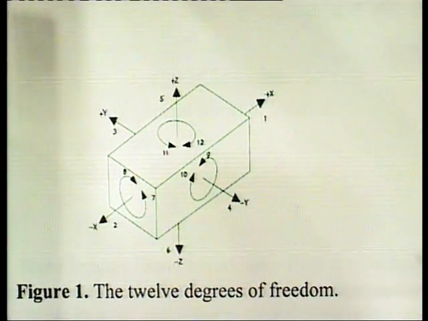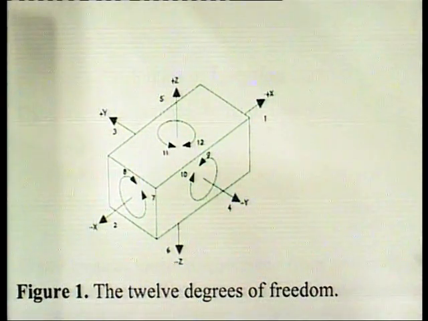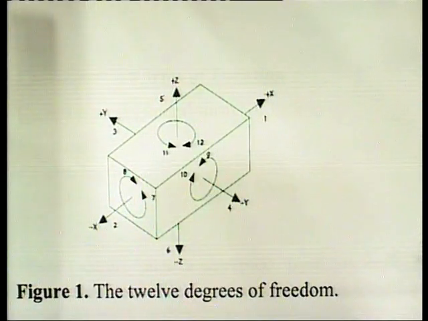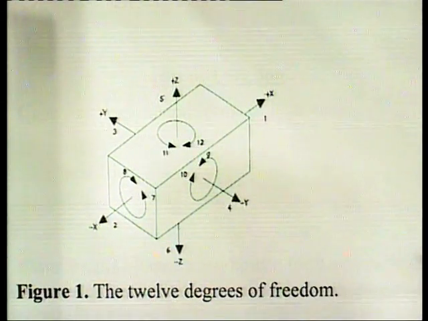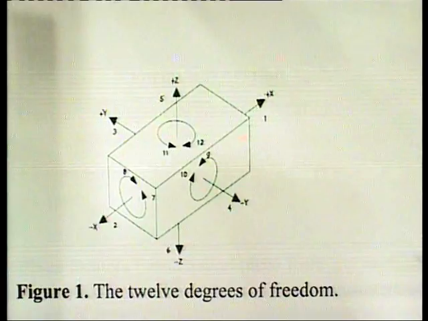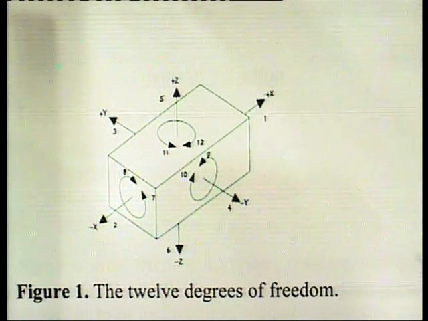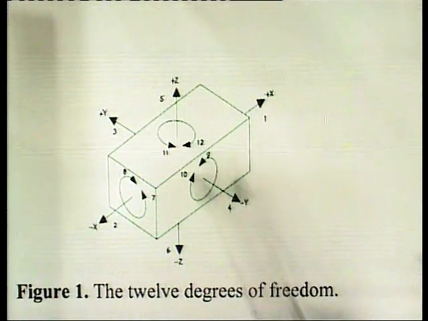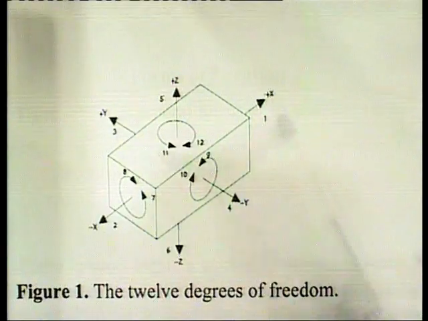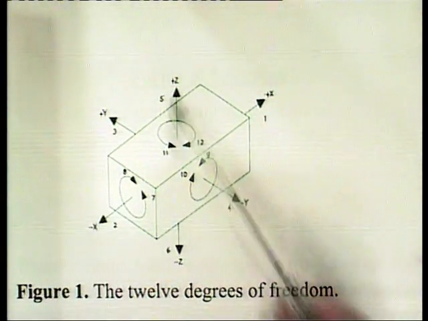Notice the 6 axial degrees of freedom and 6 radial degrees of freedom. The axial degrees of freedom permit straight line movements in both directions along the 3 principal axes shown as x, y and z. These are the 3 principal axes: x axis, y axis and z axis.